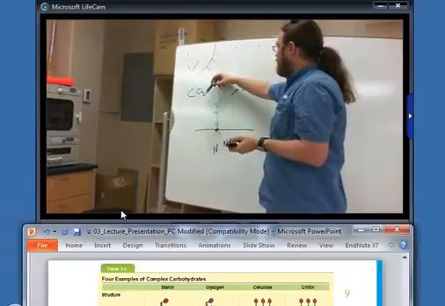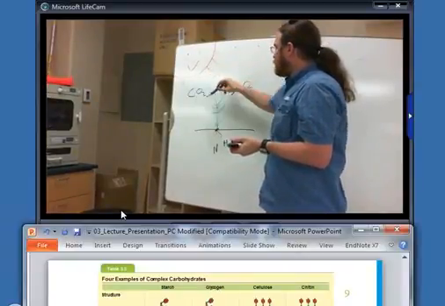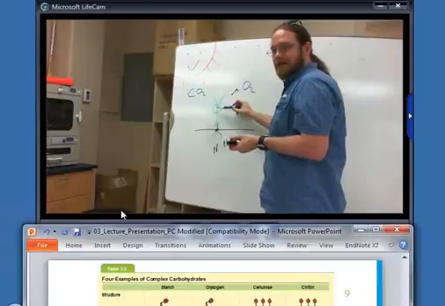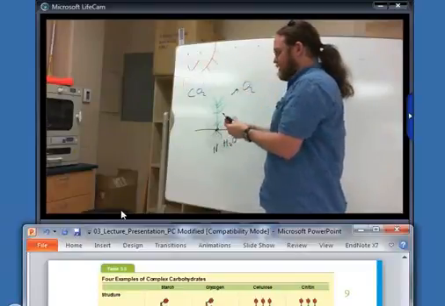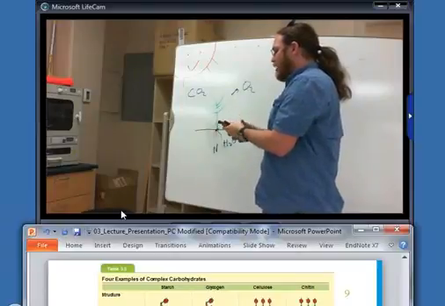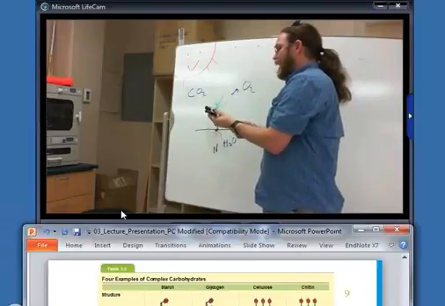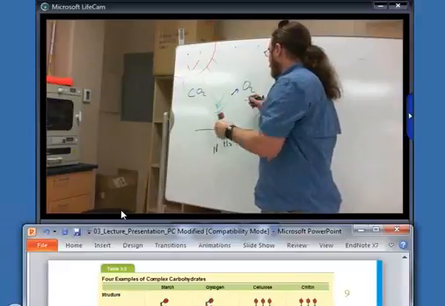So what's happening is that plant is just grabbing that carbon. The plant brings in CO2, and using energy from the sun, it builds biological molecules such as a sugar.